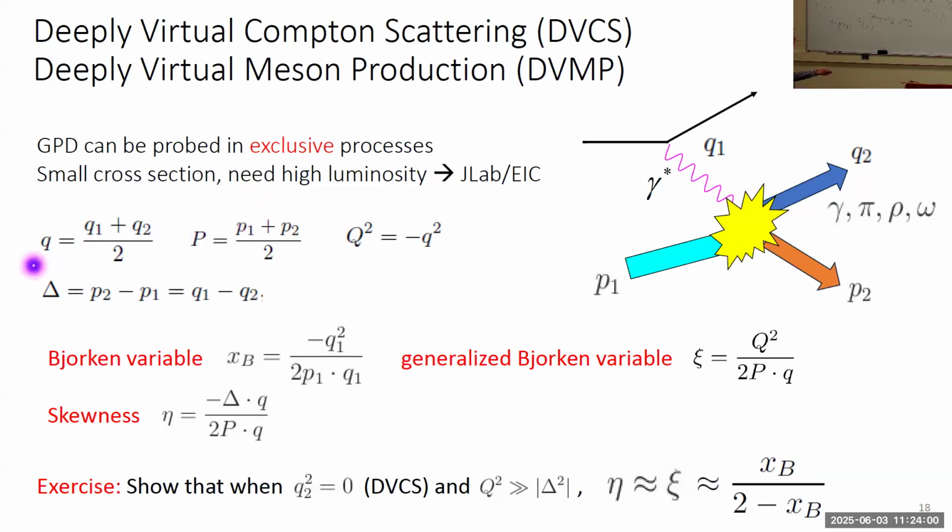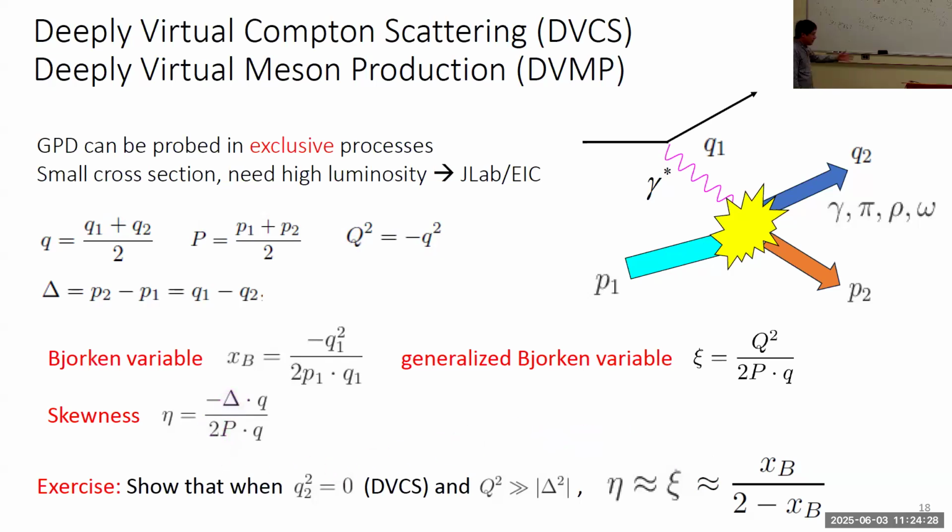Okay, so I have q and P and the momentum transfer. Q is basically the square of this one, and the momentum transfer is delta. In this case, I have the usual Bjorken variable, x Bjorken, and I have something called the generalized Bjorken variable, which is defined in terms of the average P, average q, and average q squared. And I also have the skewness that I introduced before.